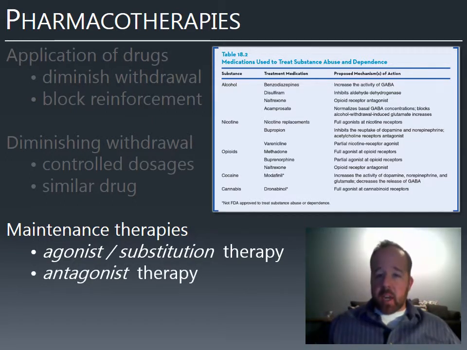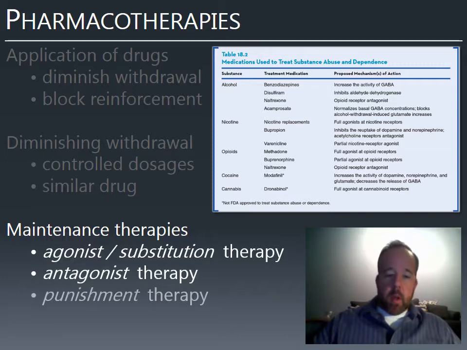With antagonist therapy, you're using the idea of blocking reinforcement. So by using, for example, naltrexone for alcohol or for opioids, you now are blocking the pleasurable effects, the reinforcing effects of the drug. And that leaves the person with very little motivation to keep using the drug if they can't feel the effects of it.